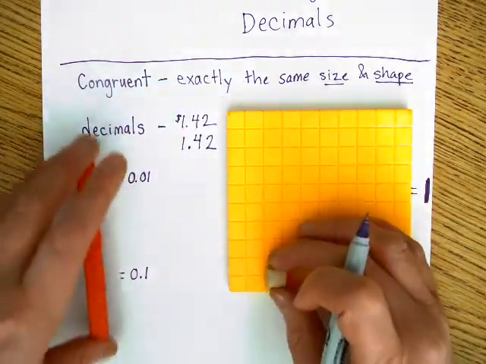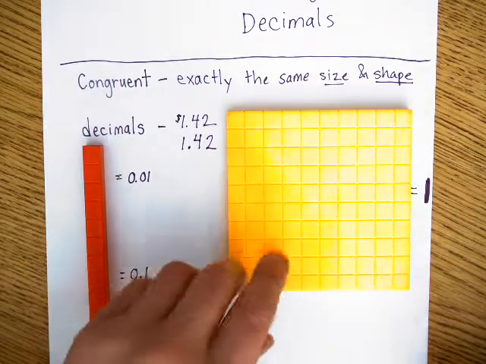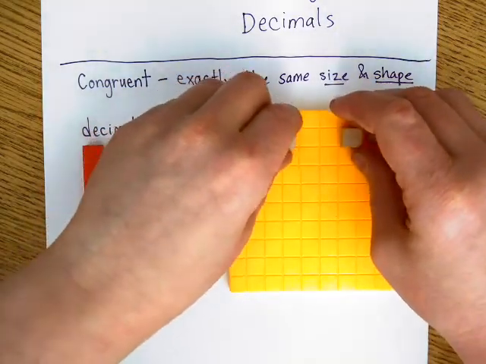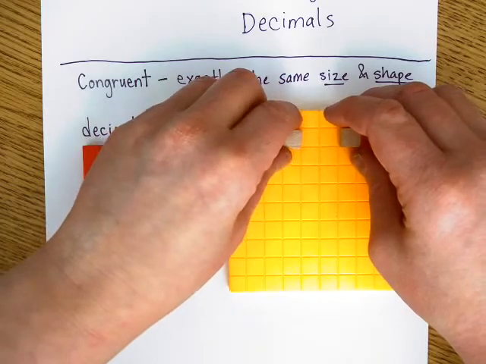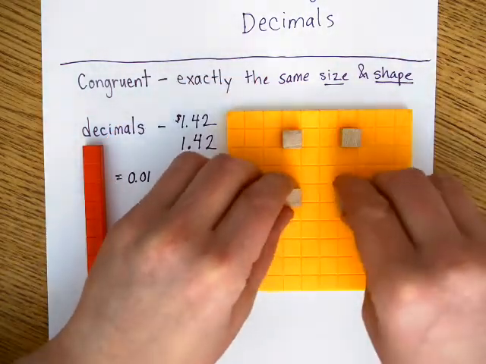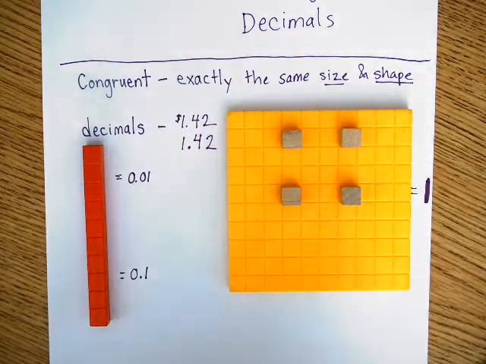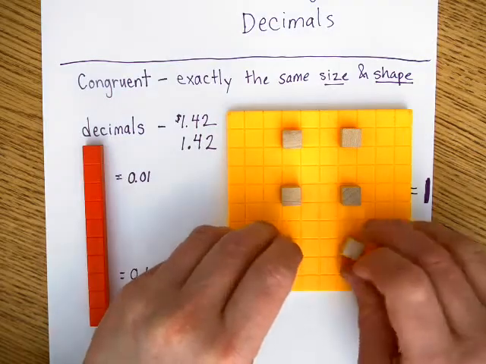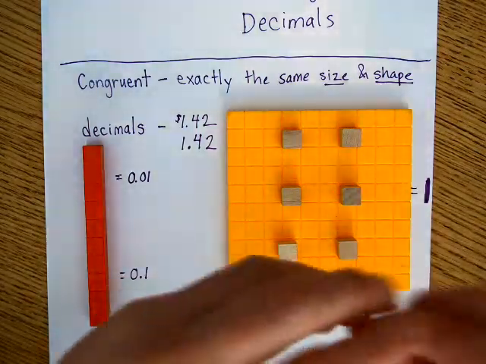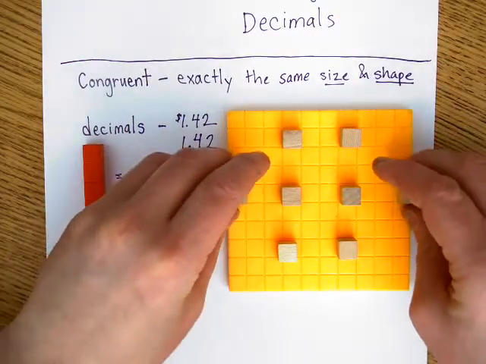What we're going to be working on today, actually, is the kids are going to get to make their own shapes on the base 10 blocks. Okay, so let's say they choose to make this shape, for example. I'll just keep it very simple here.